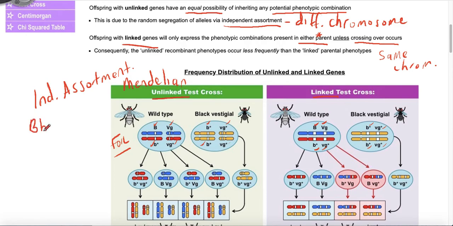And let me just quickly do one for you. So this is what the phenotype looks like. So if we apply the FOIL method, we go first, which is big B and VG for vestigial. So that would be this one first. And then we do outer.